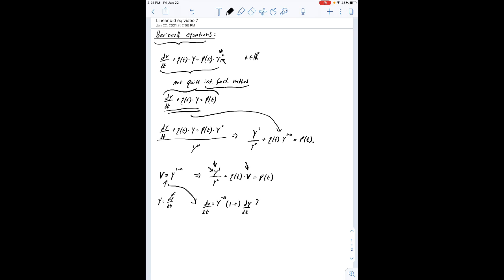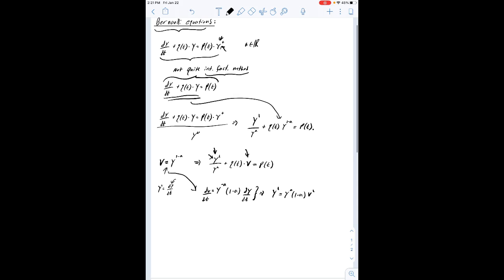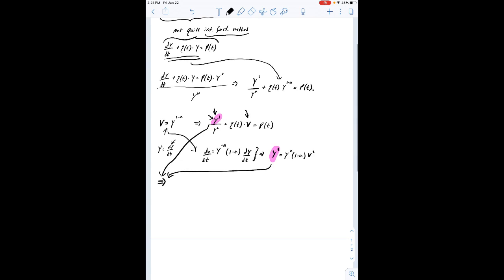Okay, cool. So now from this, we can solve y prime, which is dy dt, is equal to y to the a, 1 minus a, v prime. Cool. So now we can actually substitute this right here in terms of this, and we get, let's just draw some arrows so we know where it comes from. So we get y to the a times 1 minus a, v prime all over y to the a plus q of t, v equals p of t.